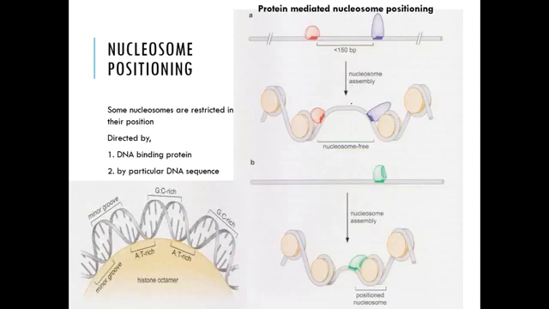We know that when histones are present in nucleosomes, a regulatory protein does not have access to that DNA sequence. Similarly, if a DNA sequence is previously occupied by a regulatory protein, the histone octamer cannot occupy the same position. Clear? So that is the nucleosome positioning mediated by protein.